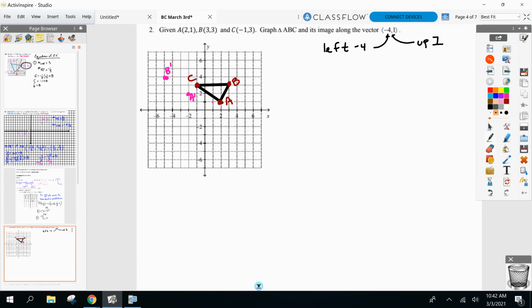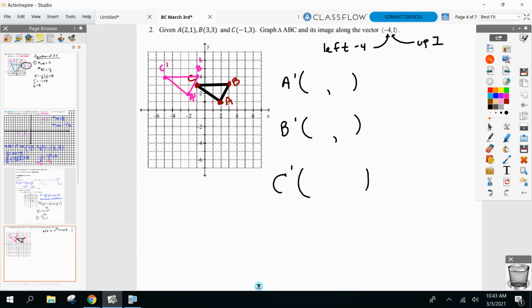I know it doesn't say state the coordinates, but let's write them down too. I know it just says graph, but I'm going to add on here.